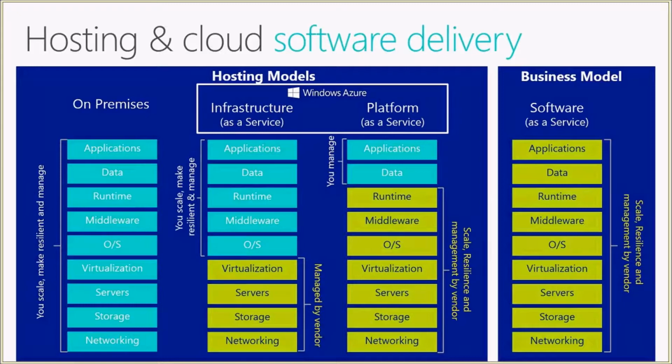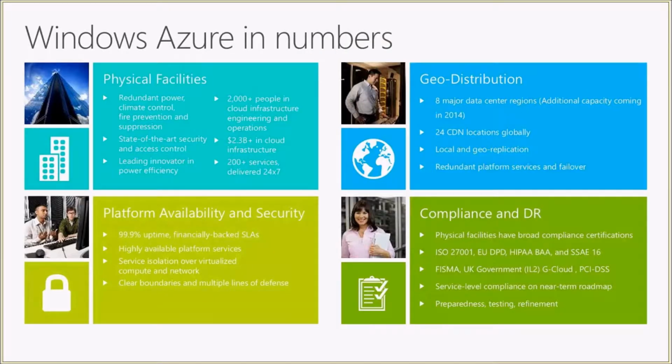Okay, so we're going to now look at Windows Azure, and particularly infrastructure as a service. The slide that I've just opened up on the screen highlights some of the key features of Windows Azure. So the Microsoft investment in the data center, 2.3 billion, which keeps growing. In fact, on that investment, Microsoft have announced the expansion, once again, of their Dublin data center, so they're redoubling the capacity.